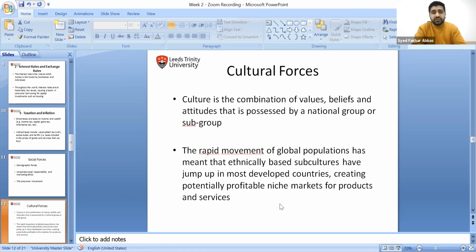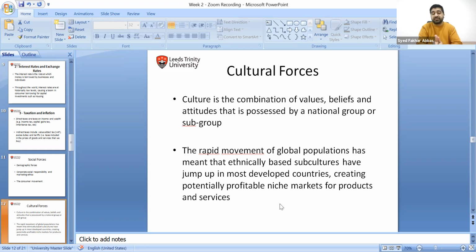Cultural forces. So cultural forces also impact the business environment. Culture is the combination of values, beliefs, and attitudes that is possessed by a national group or subgroup. The rapid movement of global population has meant that ethnically based subcultures have jumped up in most developed countries, creating potentially profitable niche markets for products and services.